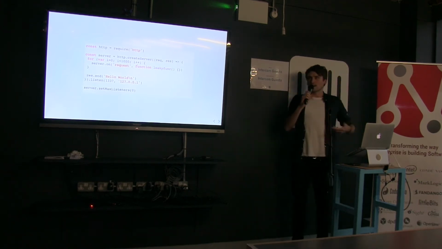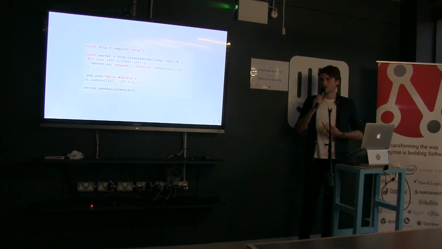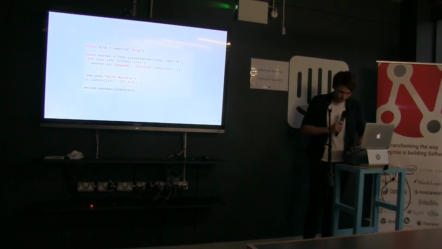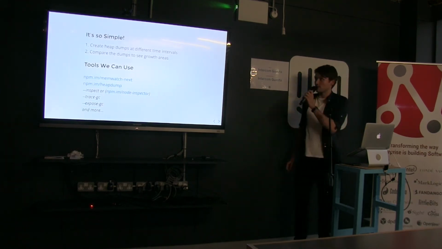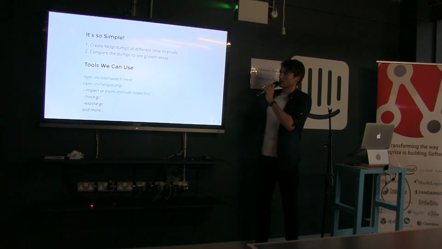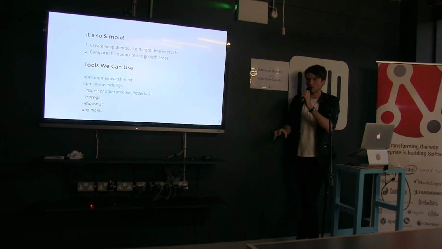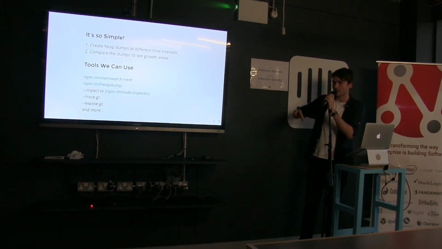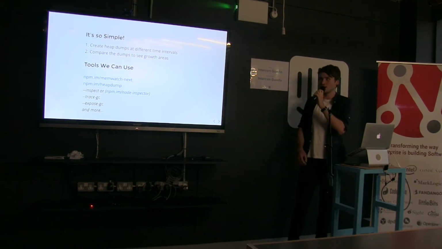But regardless of how complicated or how simple your leak is, it's mostly the same process anyway, so it's all good. So basically how we can do it is we create snapshots of the heap at a given time, and we take multiple snapshots at different intervals, and then we can compare those snapshots to see what's going on.